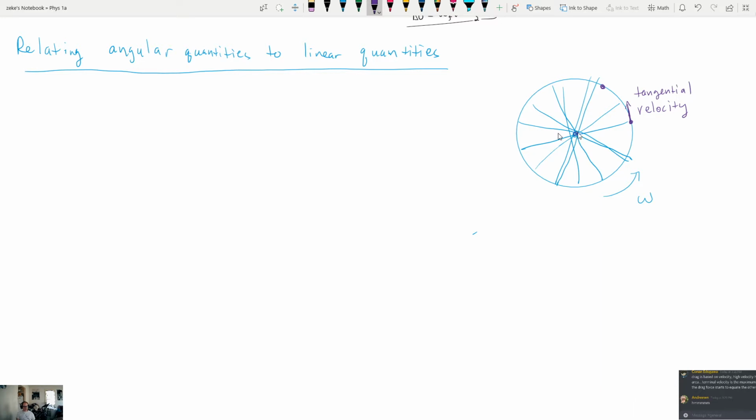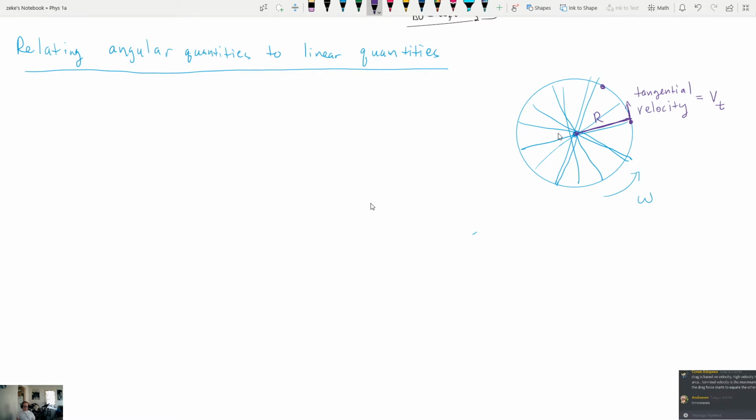We need one other thing for this. We're also going to need to define the radius of our wheel, so let's define the radius to be capital R. For the tangential velocity, we're going to use the symbol v sub t. So we basically want to relate v_t, omega, and R to each other.